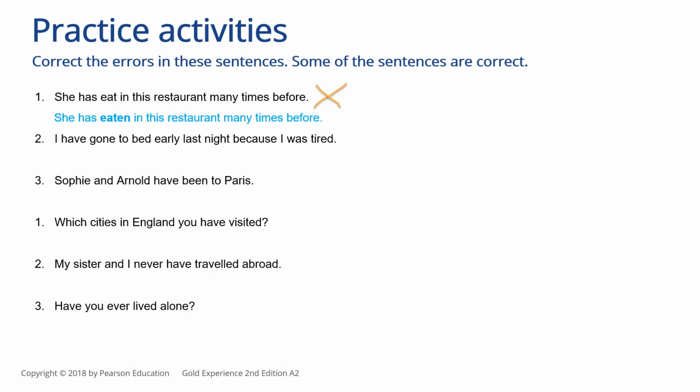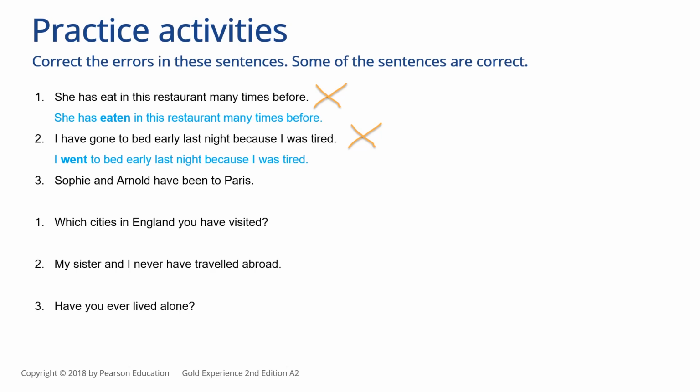I have gone to bed early last night because I was tired. Is this a specific moment in the past? Yes, it is. We cannot use present perfect here. We need to say, I went to bed. So when did it happen? Last night. We know the exact time.